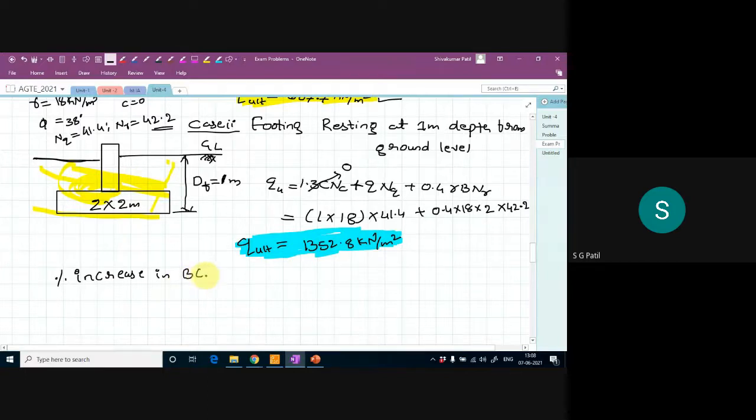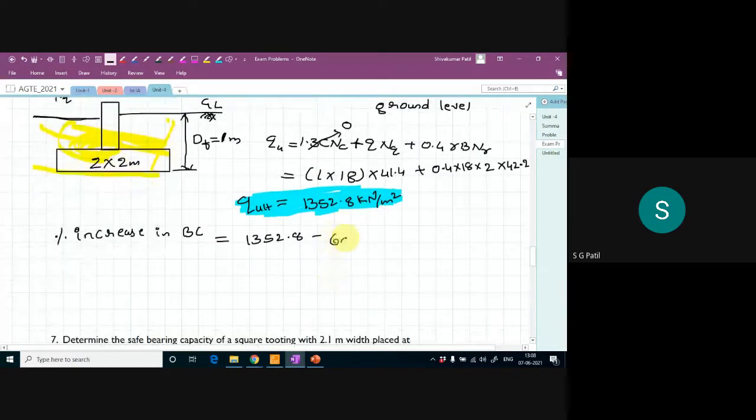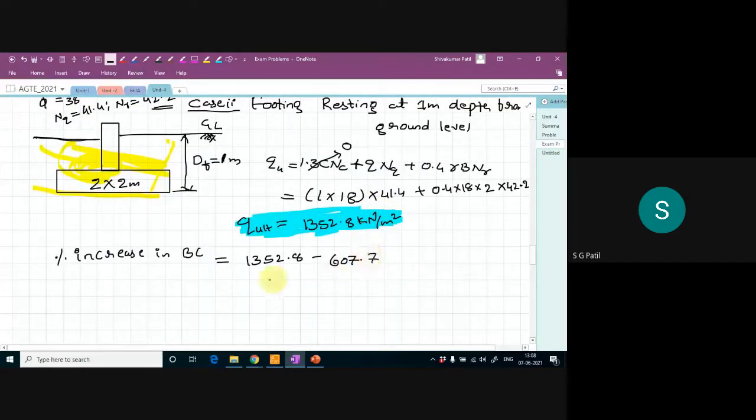BC is nothing but bearing capacity. Percentage increase in bearing capacity is equal to 1352.8 minus how much earlier, 607.7, divided by 1352.8, multiplied by 100.